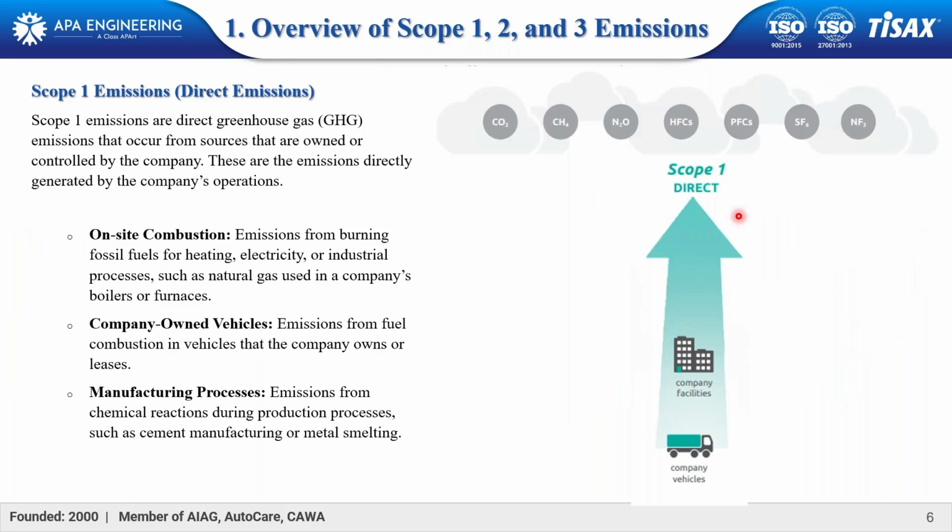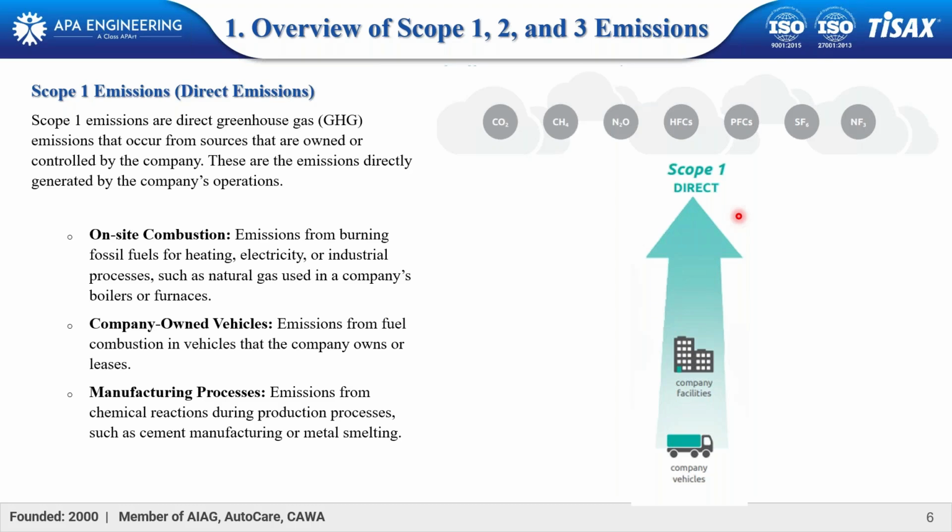So let's begin by revising the basics of greenhouse gas emissions, which are categorized into 3 scopes, starting with Scope 1. These are direct emissions. Scope 1 emissions are direct greenhouse gas emissions from sources owned or controlled directly by the reporting company.